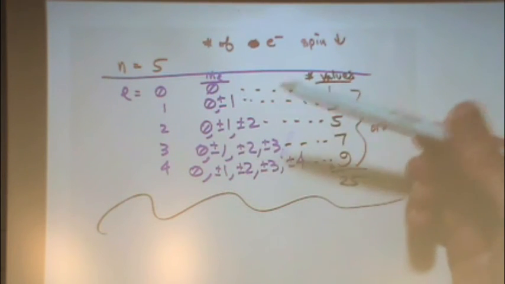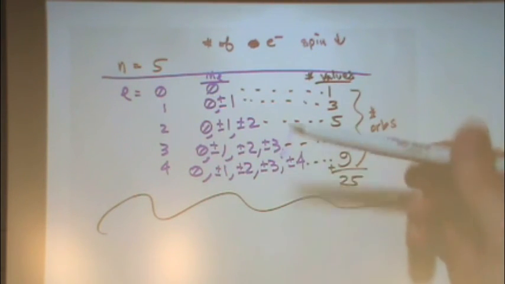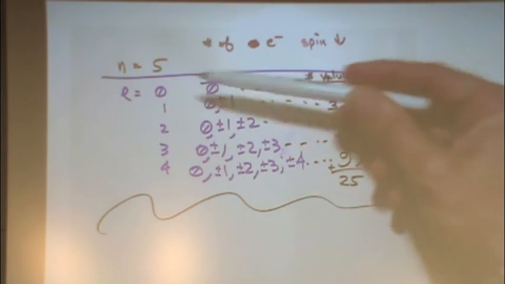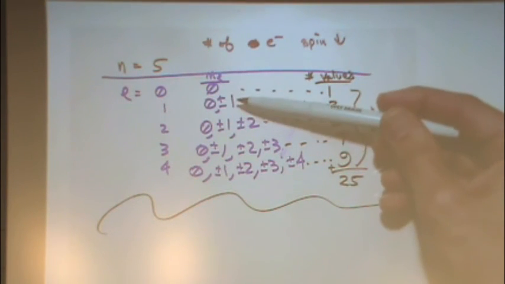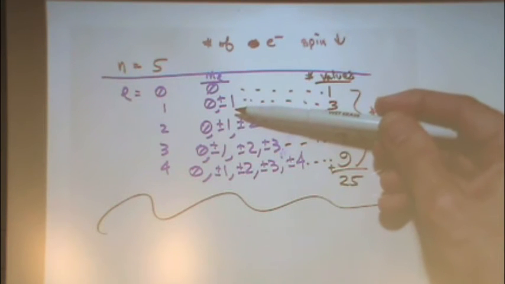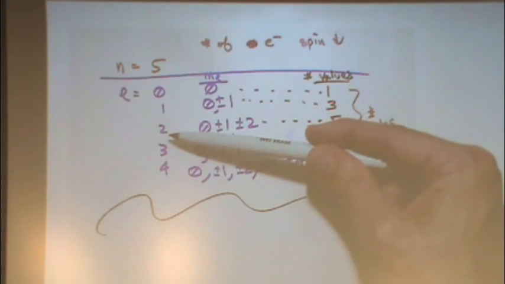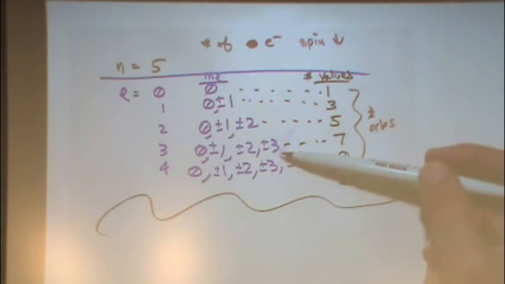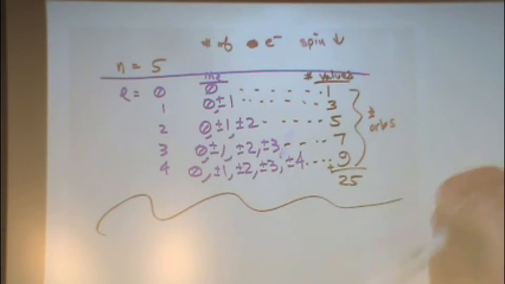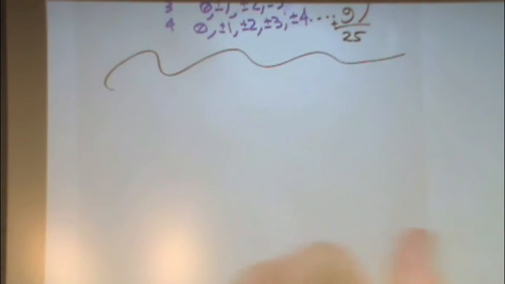So you count each one, you have the total number. So for example, when L is 0, there's one orbital, that's an s orbital. When L equals 1, that's a p orbital, there's 3. When L equals 2, that means d, there's 5 d orbitals. When L equals 3, that's an f orbital, there's 7 f orbitals, and then etc. Is that okay? Cool.